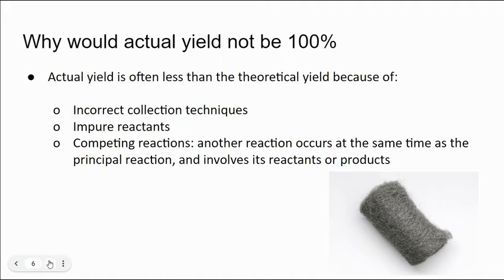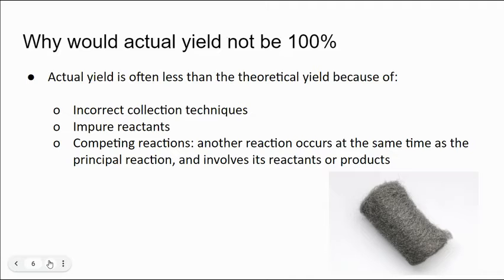Or perhaps you have several pieces of glassware that you're transferring your reaction mixture between. And in the process, you may lose some of that product. Or perhaps a gas is being created, and some of that may dissipate to the surroundings. So sometimes just the technique or equipment that we use to collect our product inherently may cause some loss.